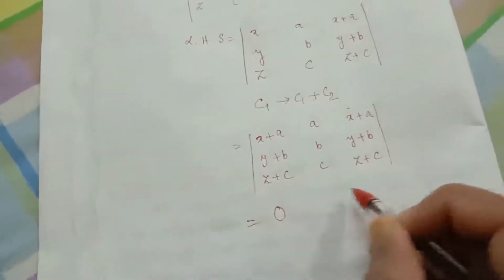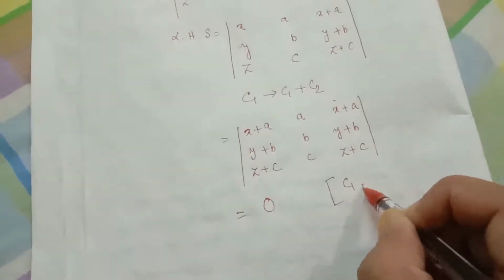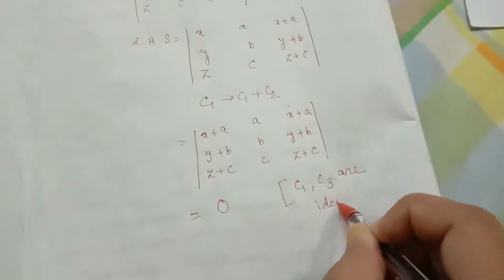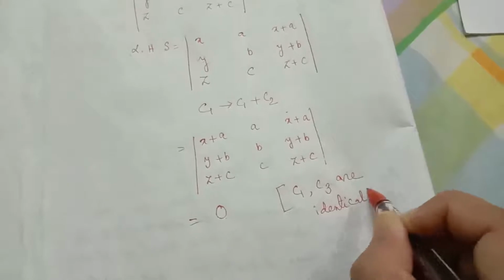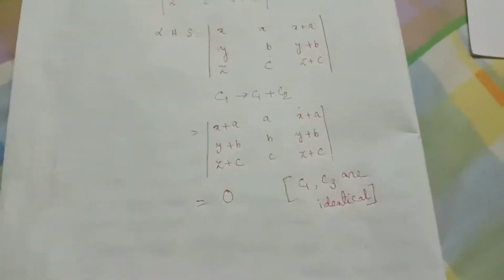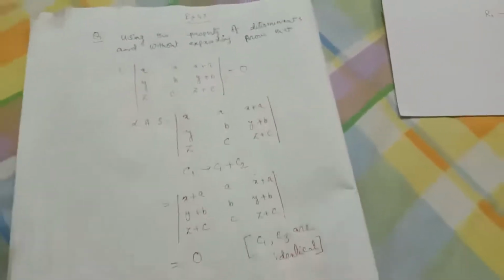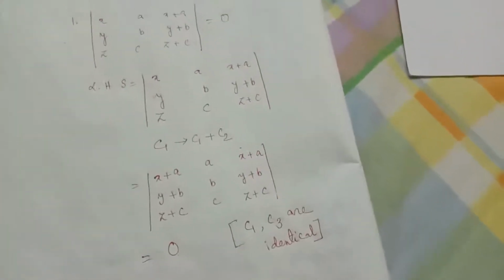And we know if any two columns of a determinant are identical, then its value is 0. We have to write the reason as C1 and C3 are identical. So it is very simple, and this is an application of properties of determinant.